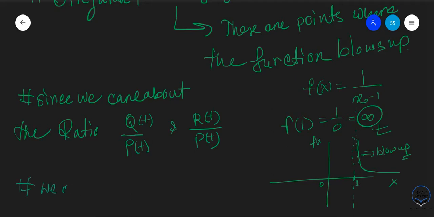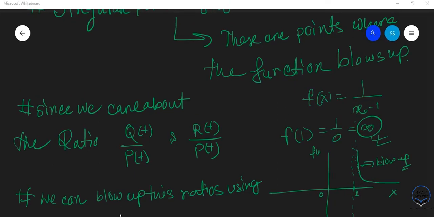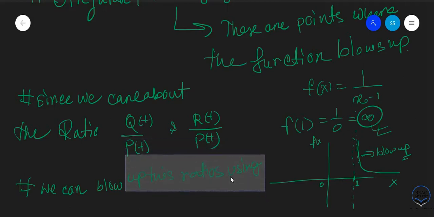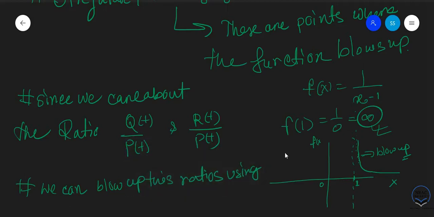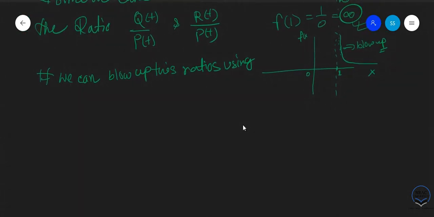So we can blow up these ratios by making P of t to be 0.